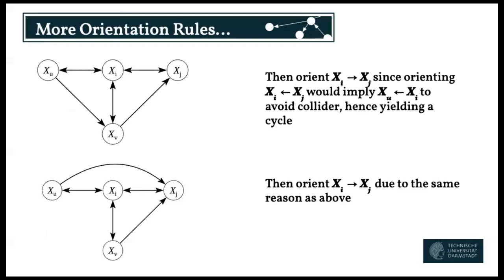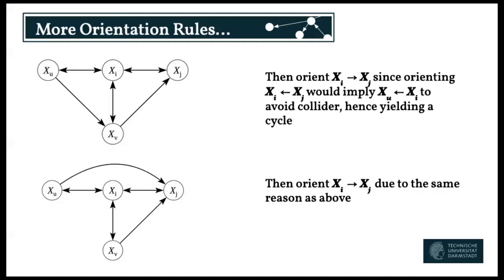Then there are two more rules considering more complex arrangements of variables. In this case, we have a directed path from xu over xv to xj, and we can infer that the edge between xi and xj must be oriented such that xi points to xj.